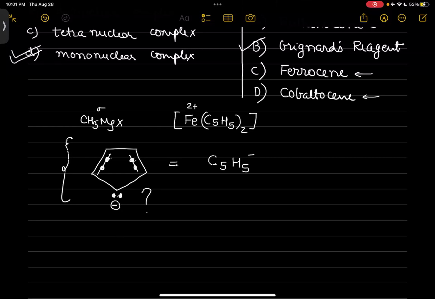So benzene was 6 membered. This is 5 membered. Right? Is it clear? So in benzene also we see that the pi electrons are actually moving in a circular manner. That's why we put a circle in the center of the benzene ring. Same thing you can do over here also. So why am I telling it? Because you can get this molecule in class 11, the aromatic compounds, in organic chemistry.